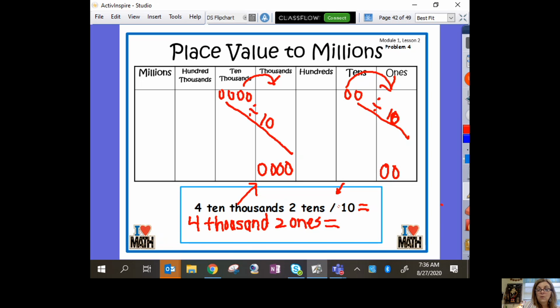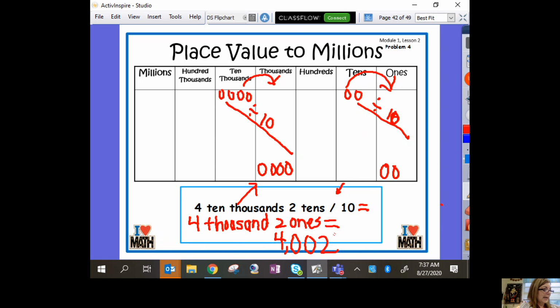And then if equals, let's do it in standard form. It would be 4,000. I have nothing in my hundreds column, nothing in my tens column, and represent my 2 1s, and that would be my number. Isn't that a nice way to do that?